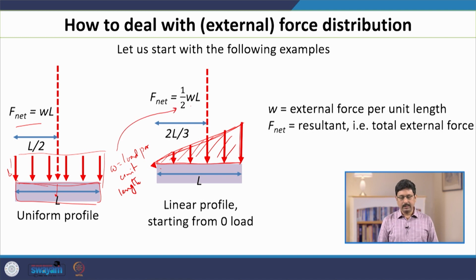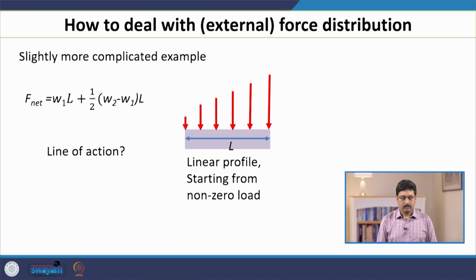However, in this case it is not obvious where the line of action of the net force is. Now, we can have a slightly more complicated example where we have a linear profile, but starting from a non-zero load.